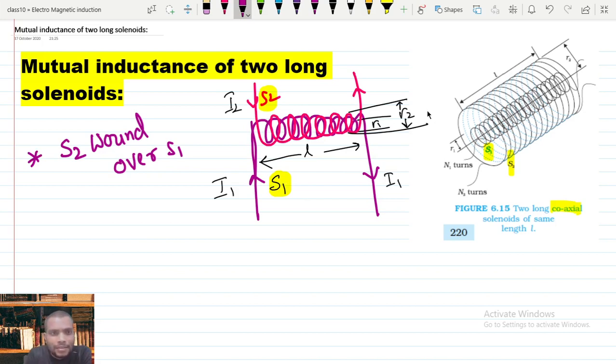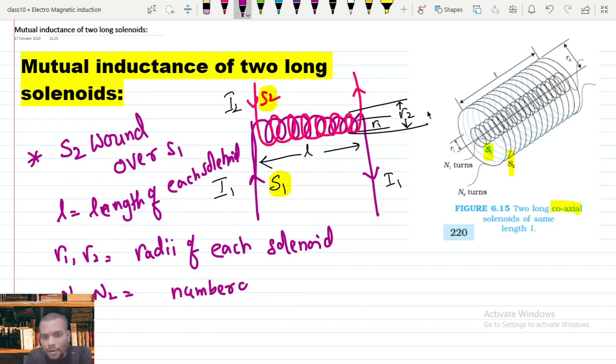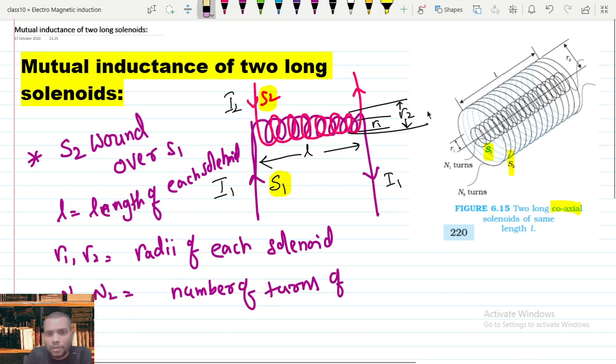L is the length of each solenoid, R1, R2 are the radii of each solenoid, and capital N1, N2 are the number of turns in the two solenoids.